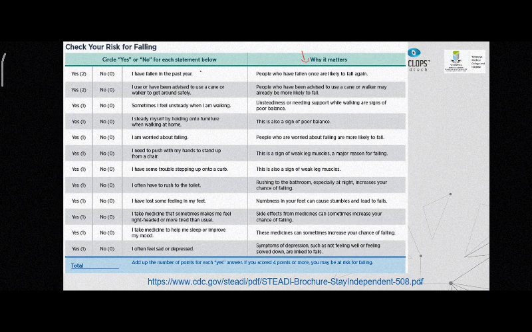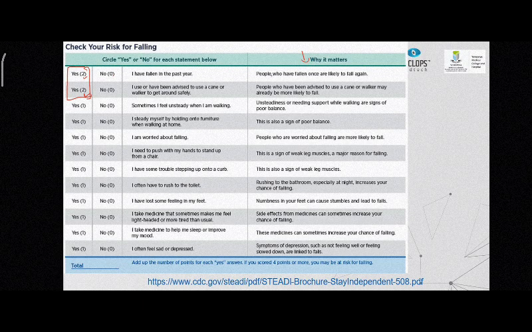So let us start with the first question. The patient has to answer this statement: I have fallen in the past year. Note that for these two questions the score is 2. If the answer is yes, then the score will be 2, and if no, then the score will be 0. And why is it important?